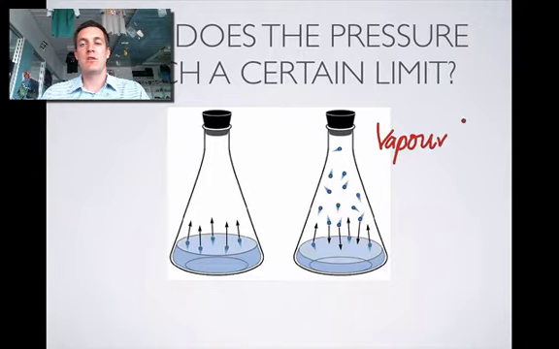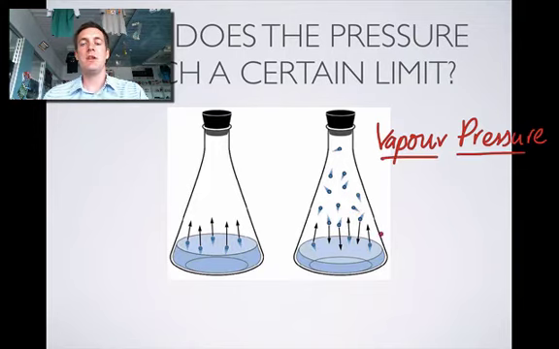So in other words, there will be a certain pressure that any one particular liquid will exert above that liquid, called its vapor pressure, and the reason it occurs is because some of the liquid evaporates and eventually will reach a limit because the evaporation and condensation start to balance out.